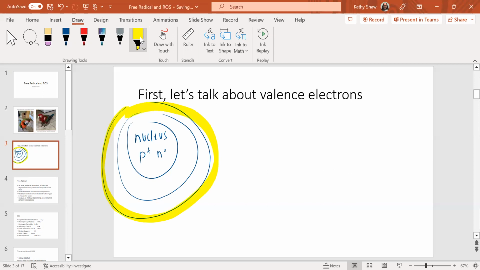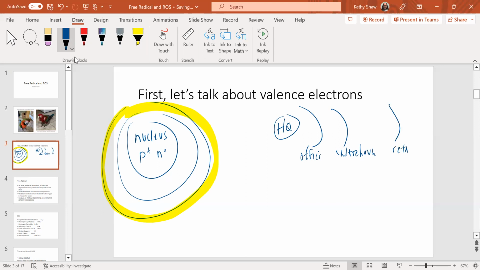Everything happens there. It's kind of like, let's say, you're talking about a company and you have the headquarters of the company. And then outside of that, you have a regional office, you have a warehouse, and you have a retail store.